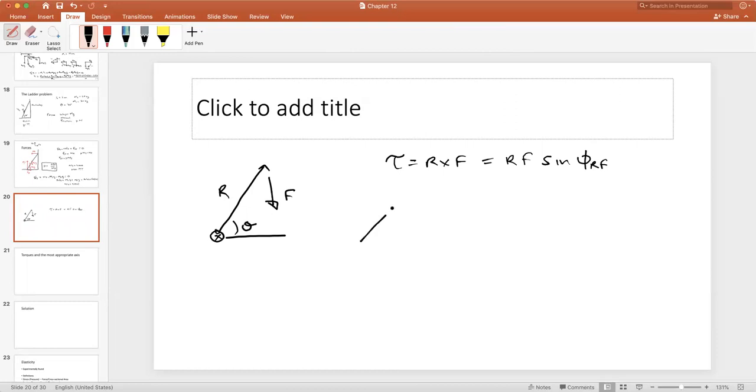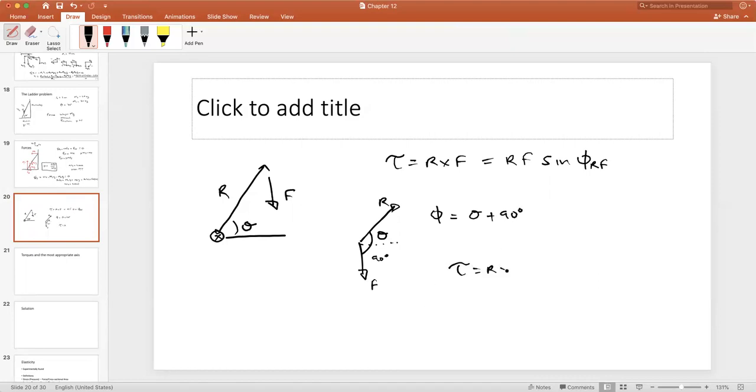So if we look at it geometrically, if this is F and this is R, for torques we always put them tail to tail. This becomes theta plus 90 degrees, so phi is equal to theta plus 90 degrees in that case.